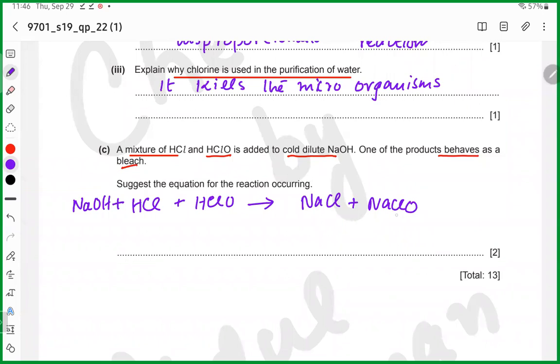HCl से रिएक्ट करके NaCl और NaClO फॉर्म कर रहा है। और इसके साथ क्या फॉर्म होगा?